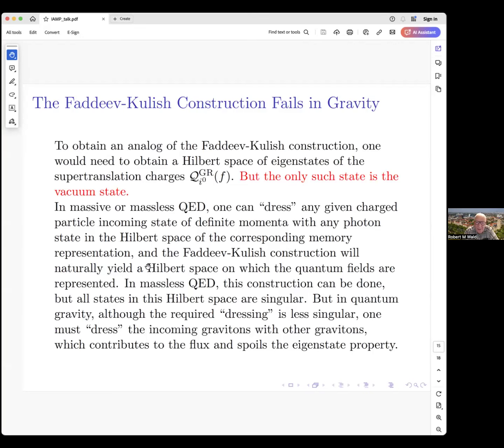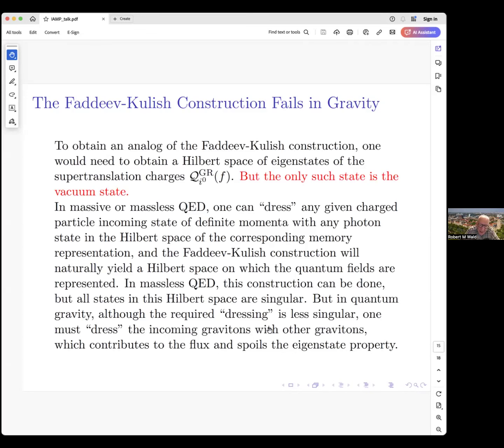That works fine in the massive case. In the massless case, you can do it, but you get these unphysical states due to the bad angular behavior of the photons.